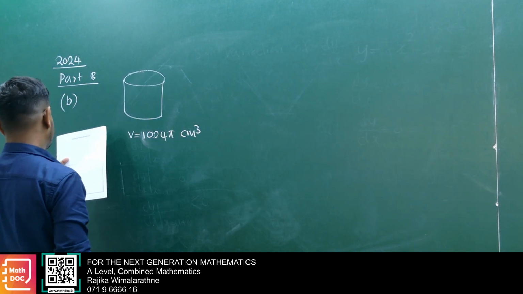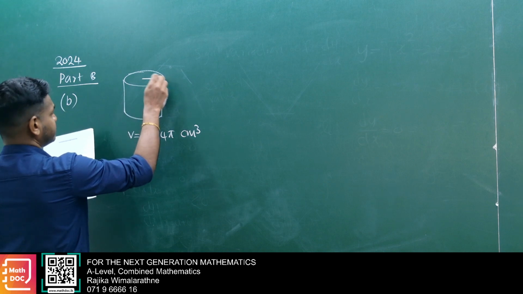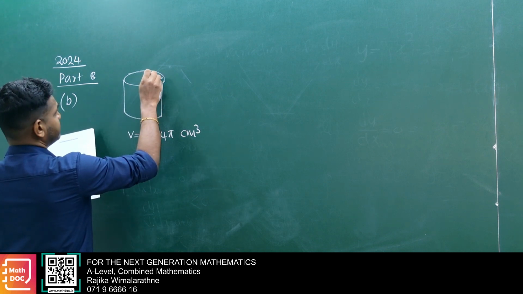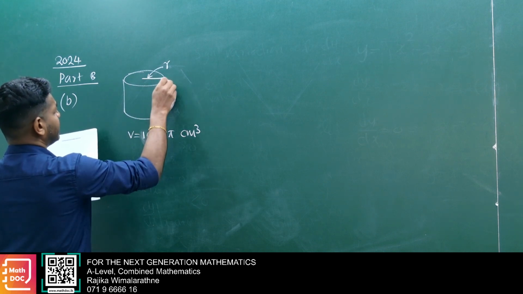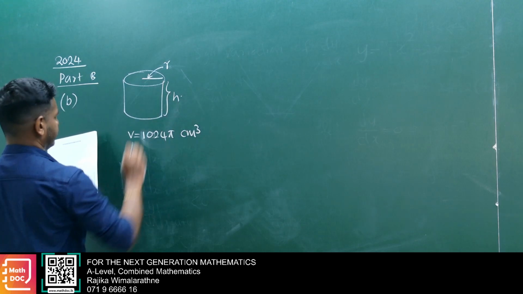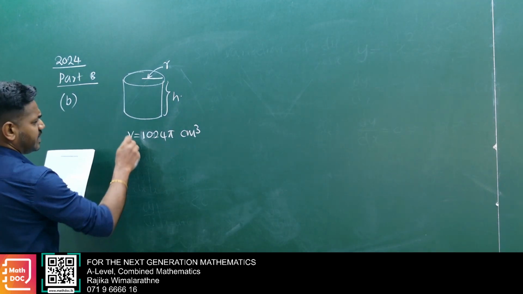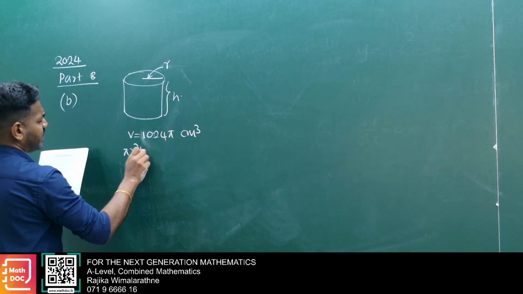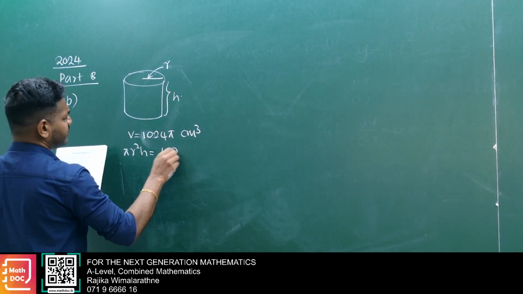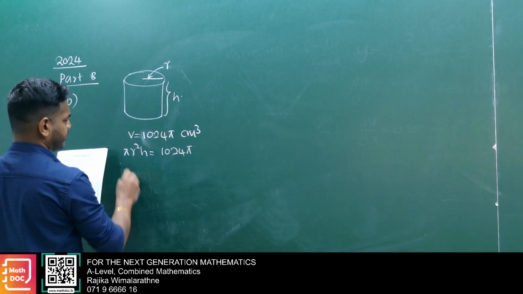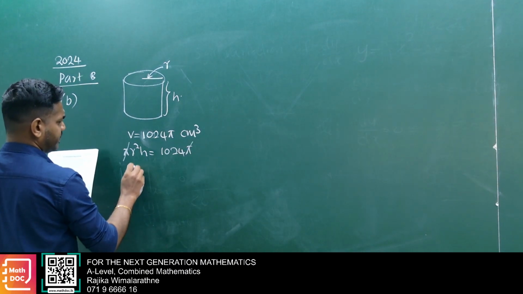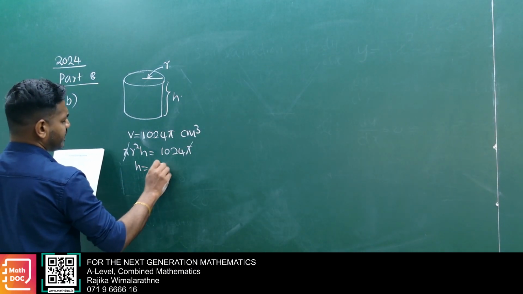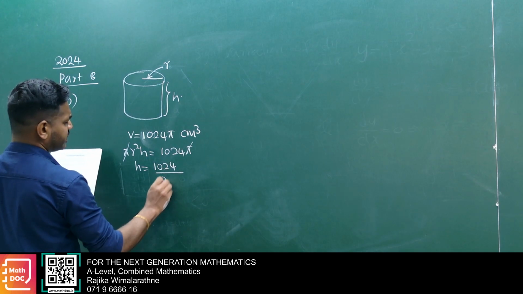Let r be the radius of the cylinder. Take the height as h. Then the volume is pi r squared h equals 1024 pi. Simplify: h equals 1024 over r squared.